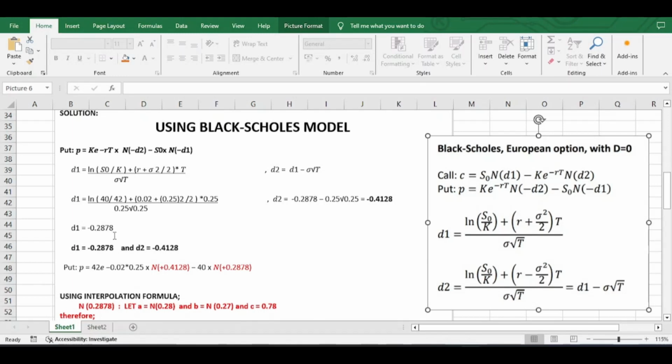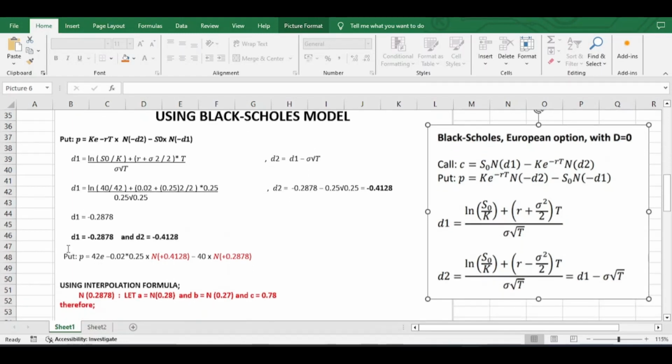Once you get the value of D1, you apply that formula to find the value of D2. Placing the value of D1, negative 0.2878, minus your volatility 0.25 times the square root of time 0.25, and that gives you the value of D2, negative 0.4128.